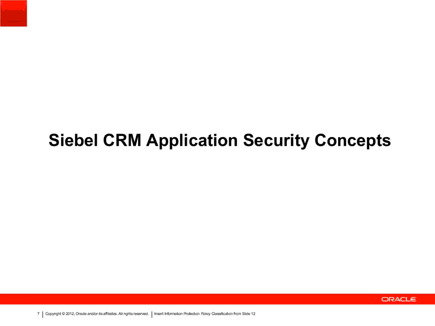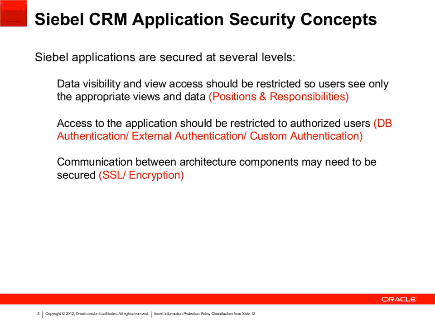Moving on, let's learn about important security concepts for Siebel application. Here, we will discuss the security architecture which is already available with Siebel applications. As we know, Siebel applications can be secured at several levels.